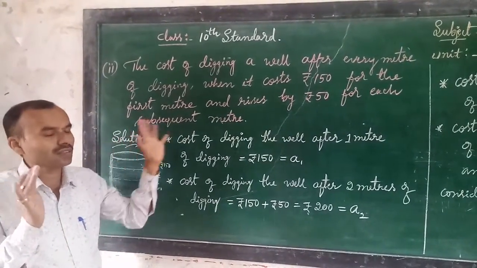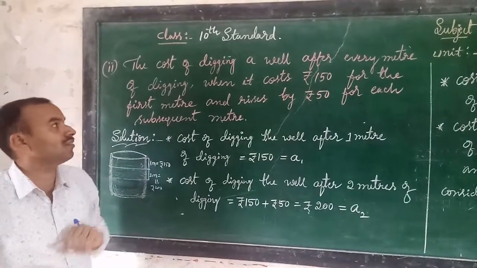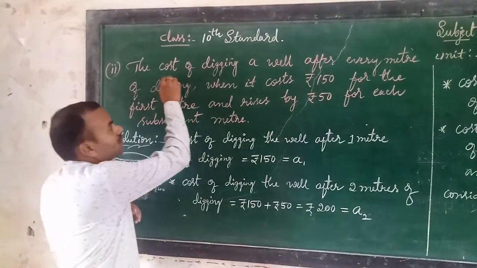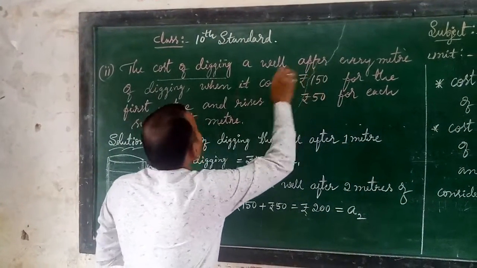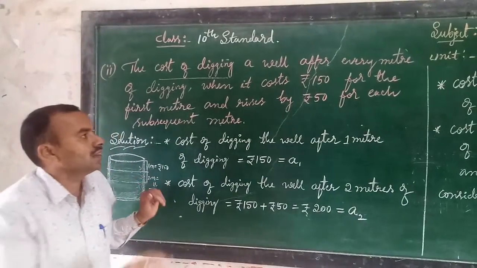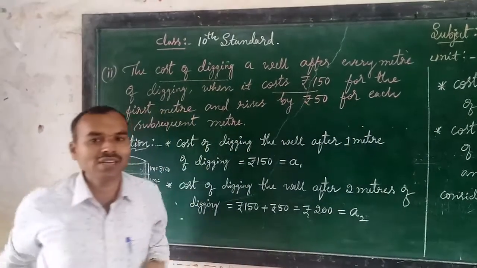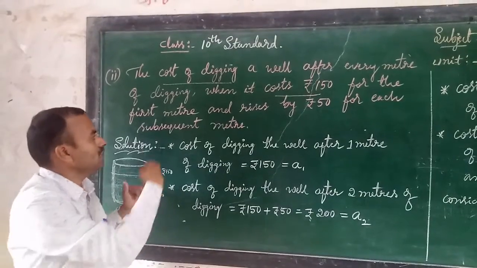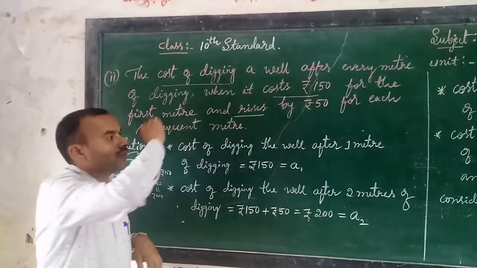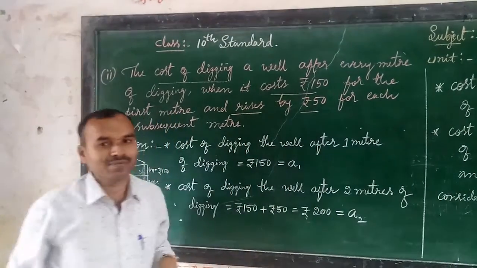First, we have to understand the problem. What is given here: the cost of digging a well after every meter of digging is ₹150, and with each meter it rises by ₹50.